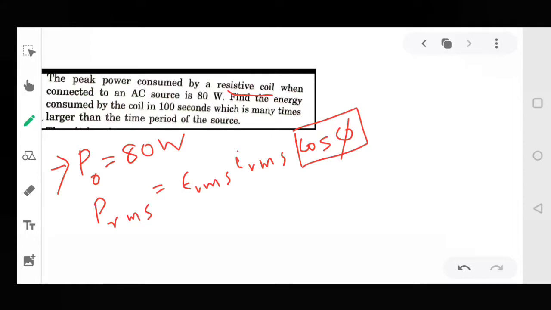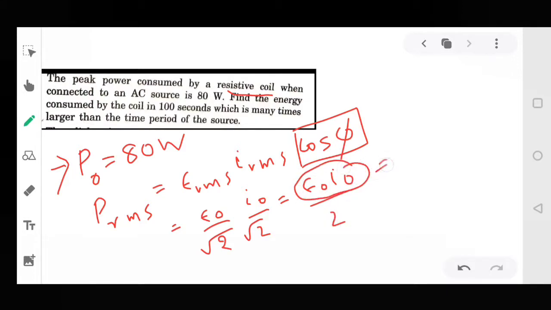Now ERMS is E naught by root 2. IRMS is I naught by root 2. So that is equal to E naught I naught divided by 2. But E naught into I naught is equal to peak power. So this is peak power divided by 2.